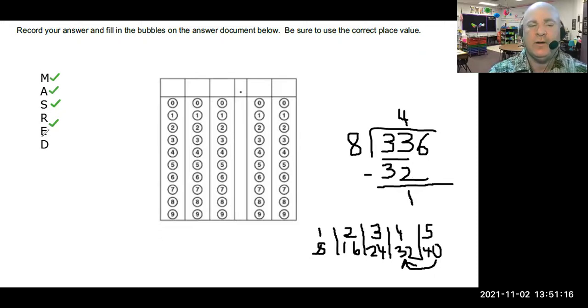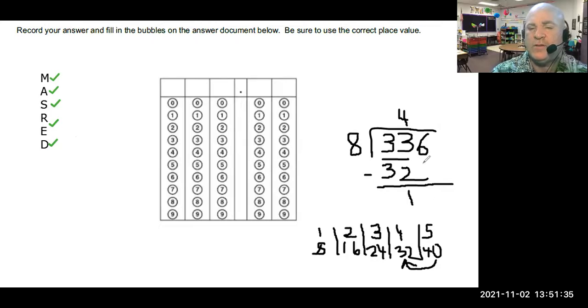And so our last step is, do you want to drop over here on the left side, or are you done? Well, since there's another number there, we're going to have to go ahead and drop.